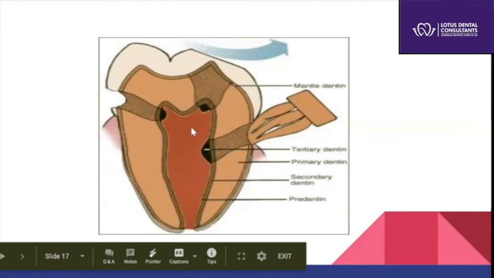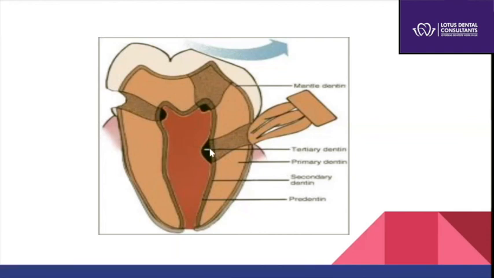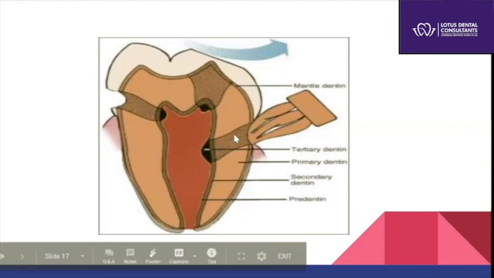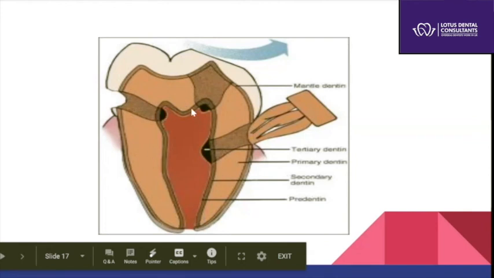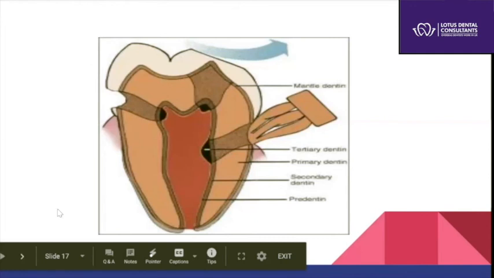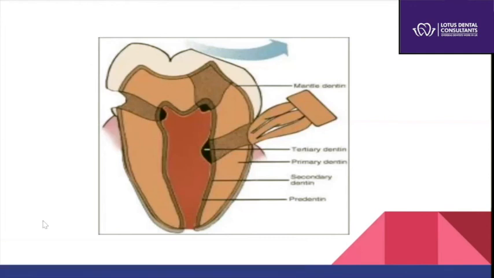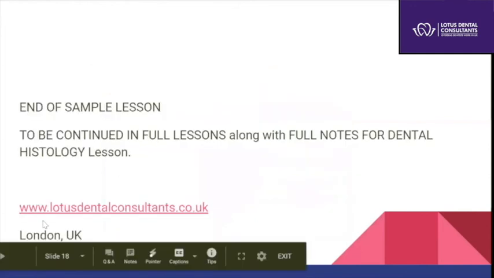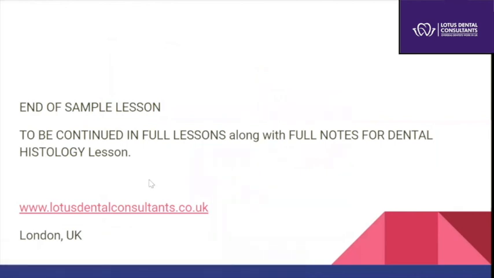Whenever there is an insult to the dentine, tertiary dentine is deposited only on those spots, not throughout the dentine. Can you see these black spots? This is tertiary dentine. So this is the basic structure, and this is the basic outline of the lesson for today.